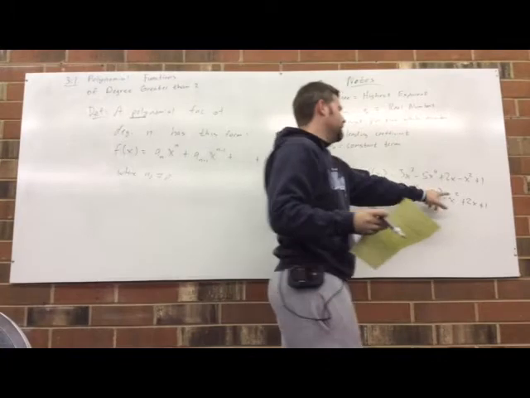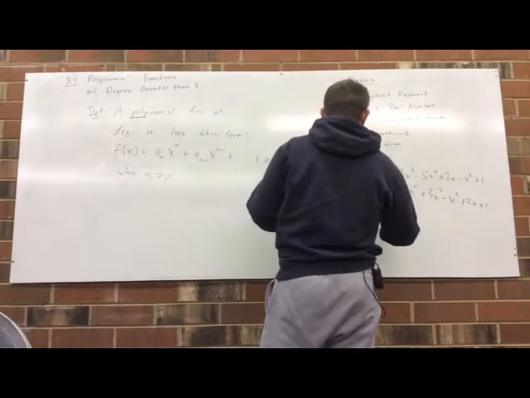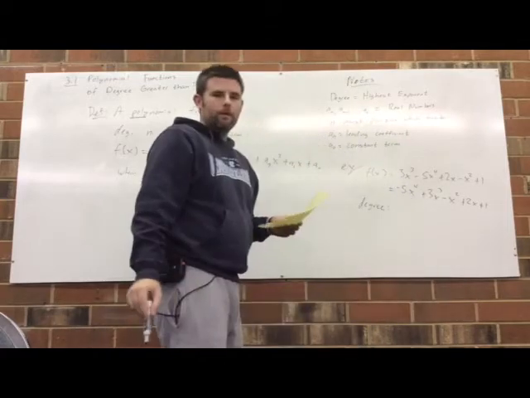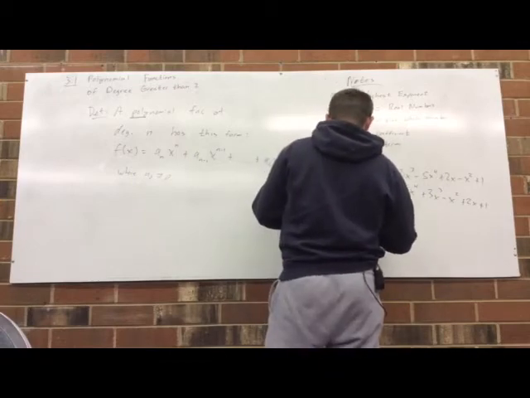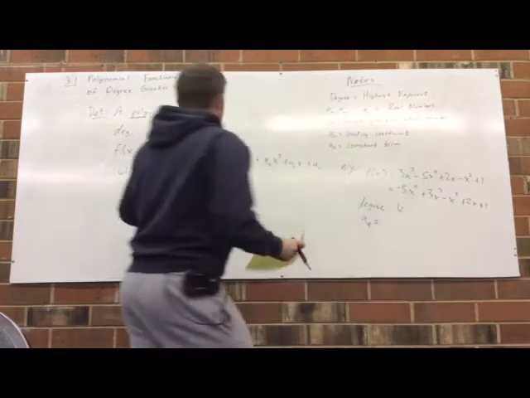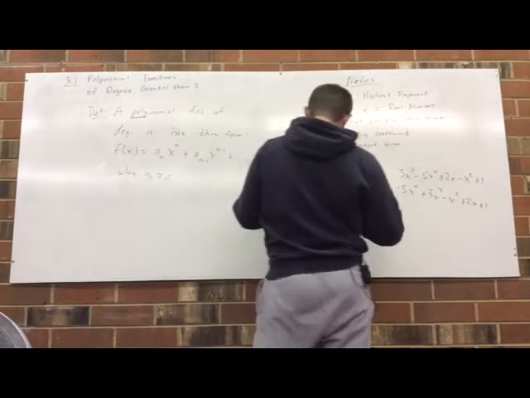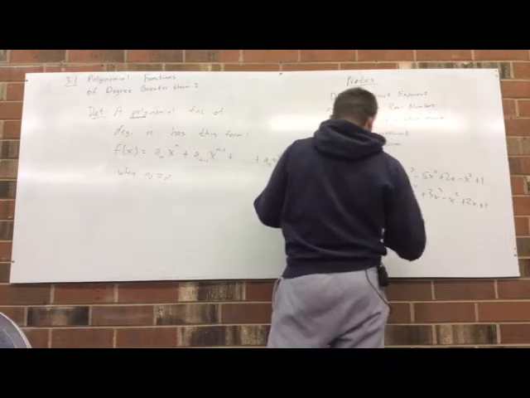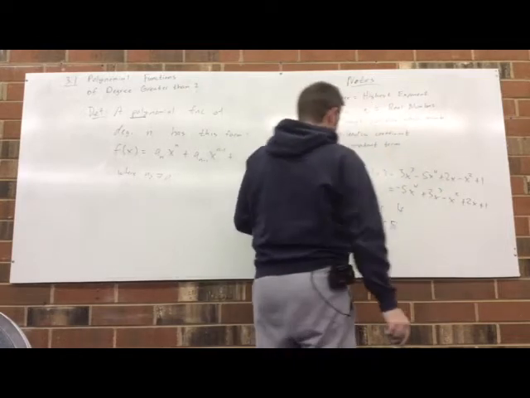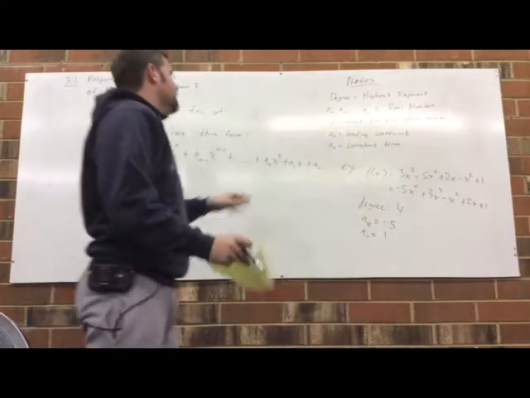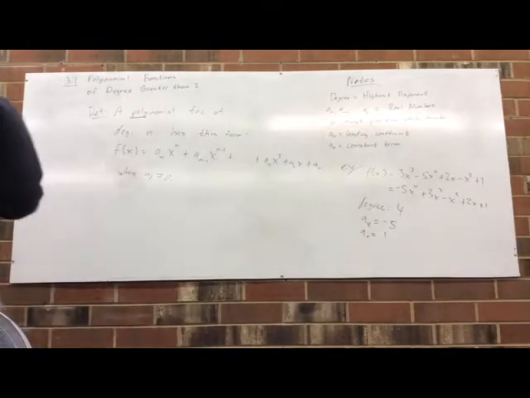So our exponents are now in descending order. So the degree of this is what? No, I'm kidding, I'm not going to do that. It's 4. A sub 4, which is your a sub n here, so your leading coefficient is negative 5, and your constant term, which is a naught, is 1. So that's how we apply these definitions to that function.